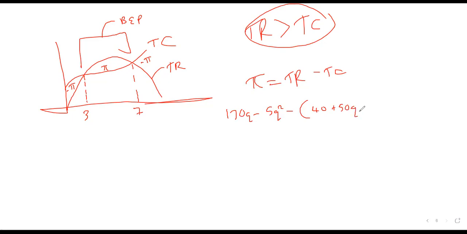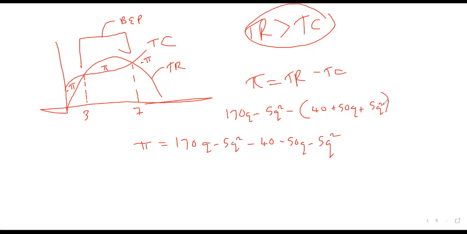Now be careful with the brackets, because this negative here will negate everything that is positive in the brackets. So our profit in this case will therefore be what? 170Q minus 5Q squared minus 40 minus 50Q minus 5Q squared.